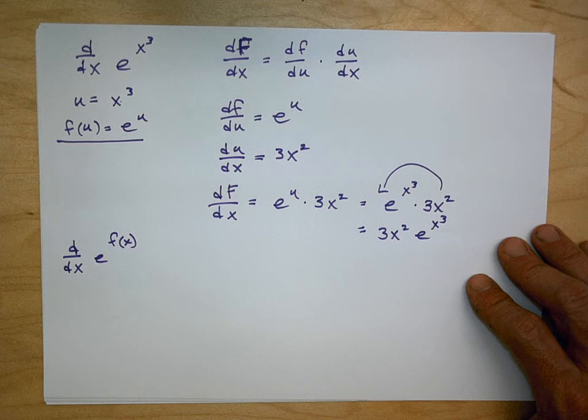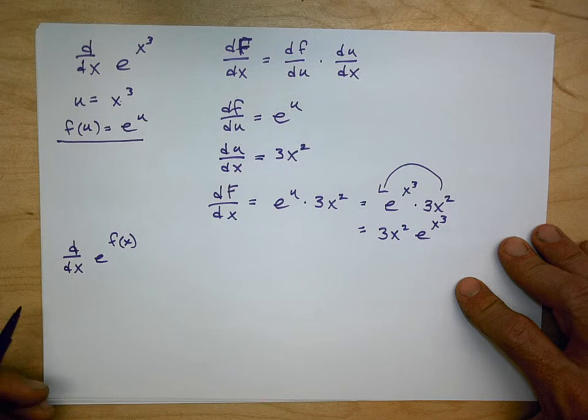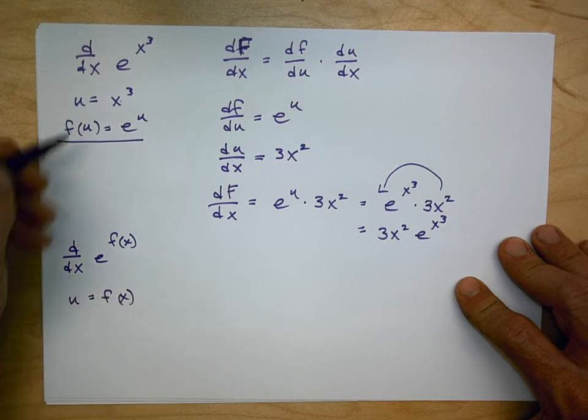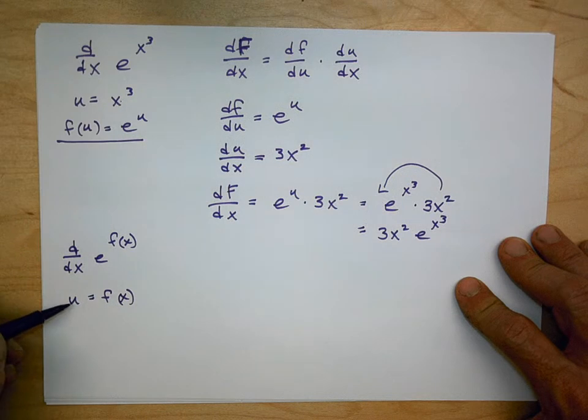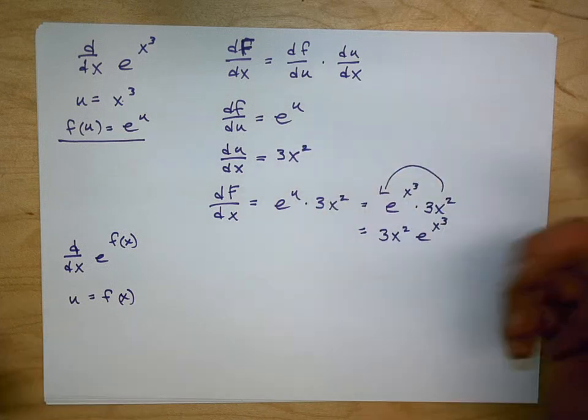It could be any function. So let's derive this using the chain rule. I'm going to let u equal my f of x. Just like I let u equal x cubed here, I'm going to let u equal whatever is up in the exponent.